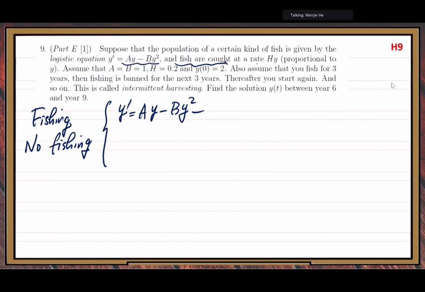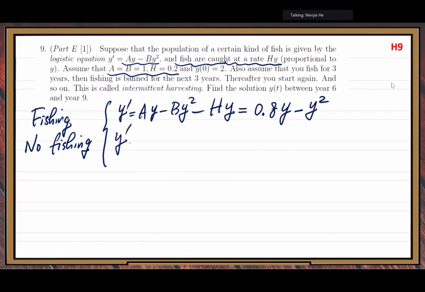With fission, because you need to catch some of the fish, you need to minus h times y. Then with the given constant values, you have 0.8y minus y squared. So that's the fission case.